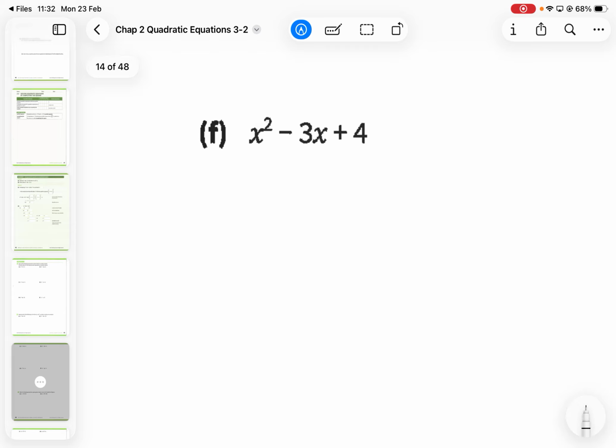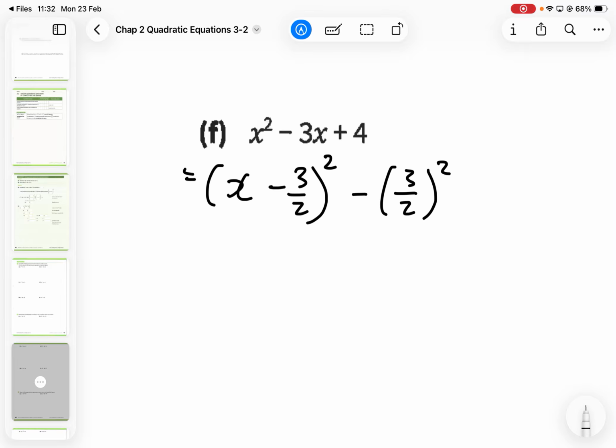Okay? So this one will be equals to X minus 3 divided by 2. So minus 3 over 2. The front one is X. The back one is just a number. Then this thing is being squared. Then I must minus away whatever I write just now here. I must minus away the square of it.